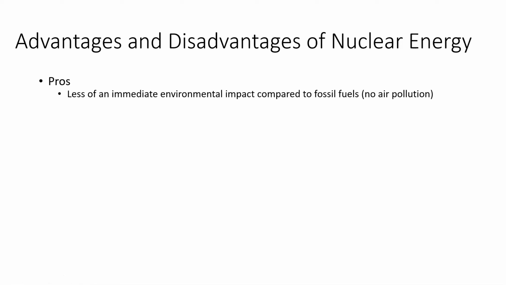Now, there are several advantages and disadvantages of nuclear energy. For example, because we are not burning a fuel, we are going through fission. So this is not combustion, and there's essentially no air pollution. We're not releasing smoke and particles and carbon dioxide, so it's essentially a carbon-free source of electricity.